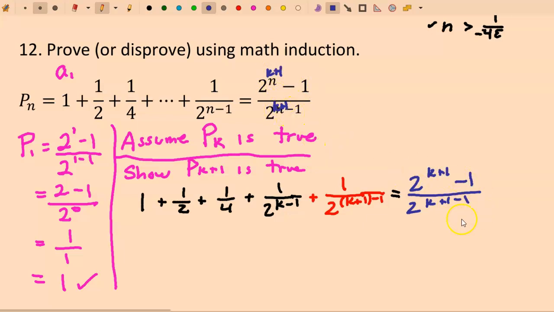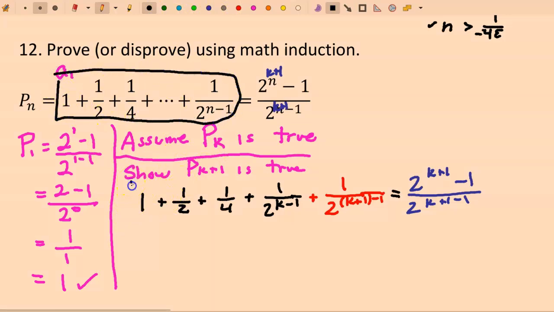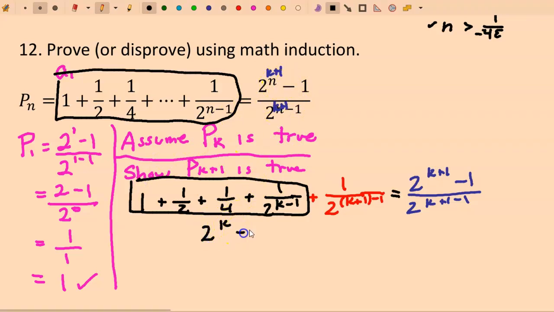If you're not super clean on your handwriting, you might think, oh, this is an exponent or this isn't, and everything goes off the rails. So we already know, this right here is exactly the same as this. By the original formula that we already assumed is true, this part actually equals this. We're just going to put in k's instead of n's, but that's it.